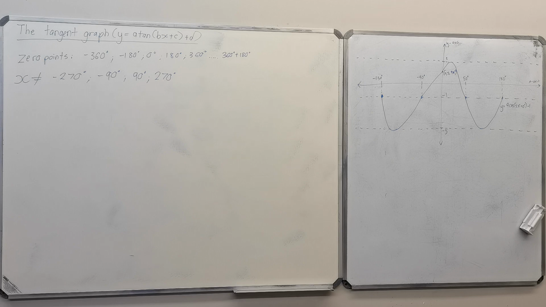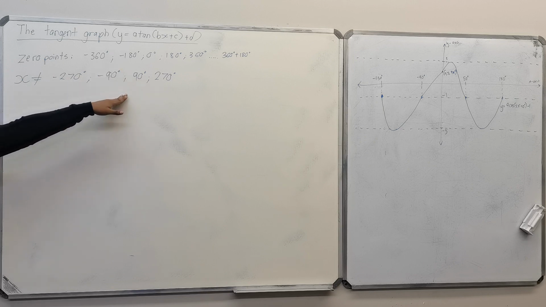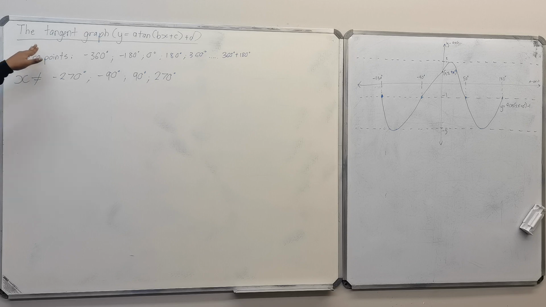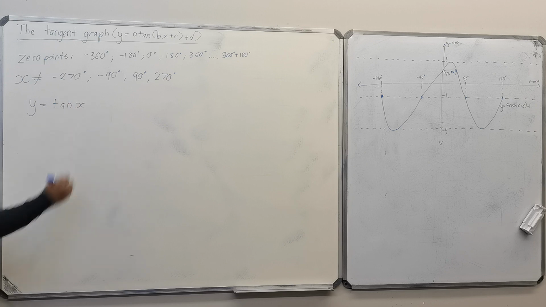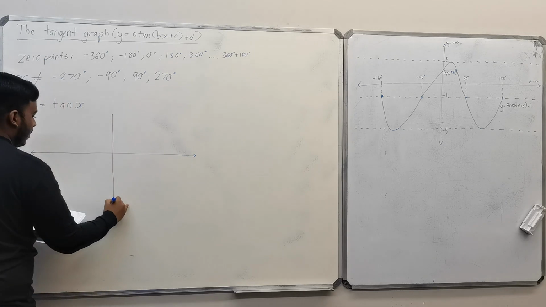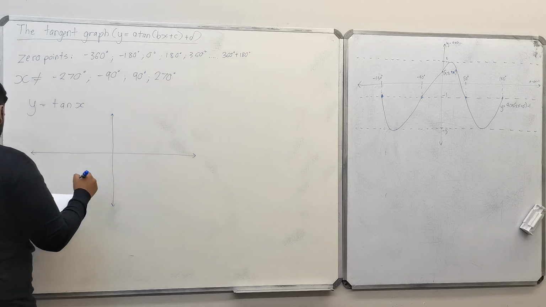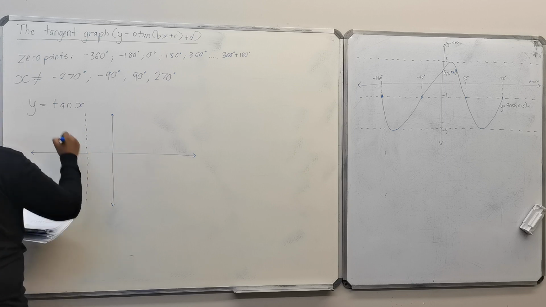Now let's draw. Let me show you. These are like your 0 points for sine graphs, and these are like your 0 points for cos graphs. So in the tan graph, your 0 points are actually your sine values, and it's not equal to a value at your cos 0 points. So y is equal to tan x. We'll do something like this. Now remember I told you it's not equal to values at minus 90.